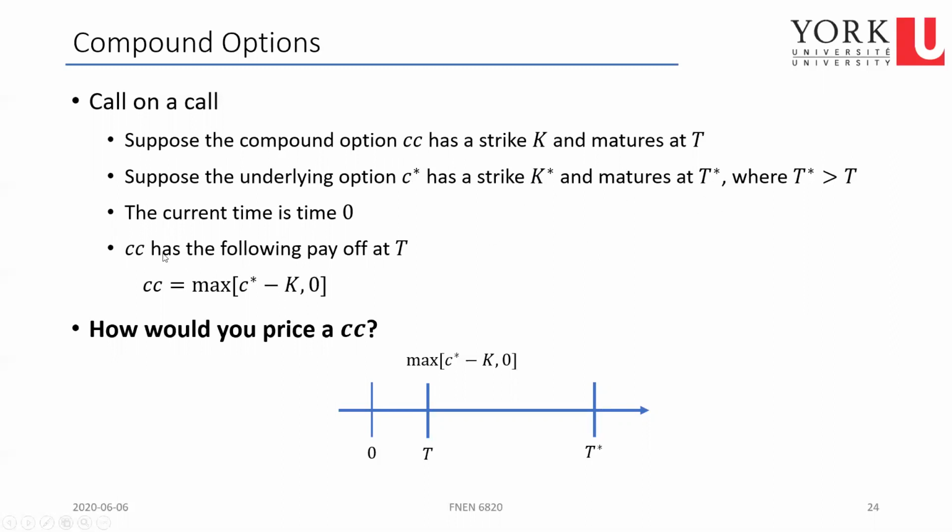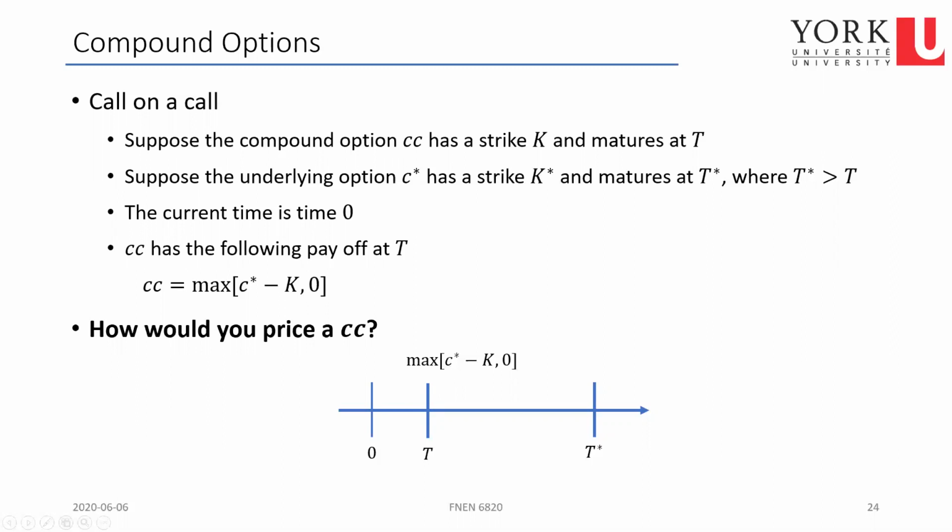Now, if you look at it, the compound call on a call has a payoff structure that is the maximum of C star minus K or 0. So how are we going to price it?